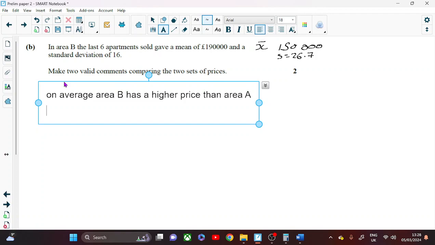Because 16 is smaller than 26, that means our consistency is more consistent with area B. Area B prices are more consistent. Okay, and that's all they need from you.